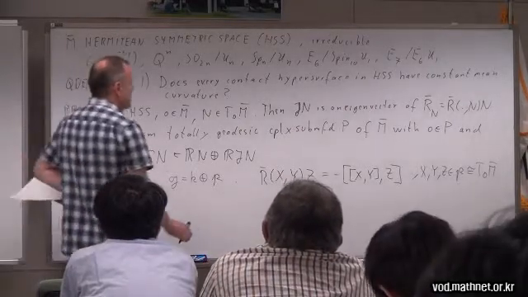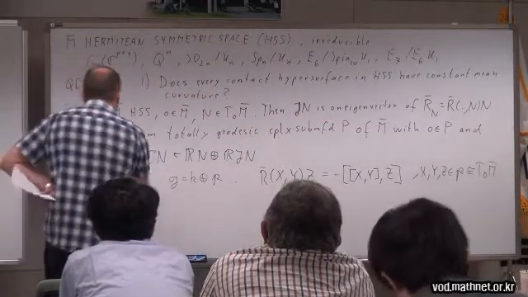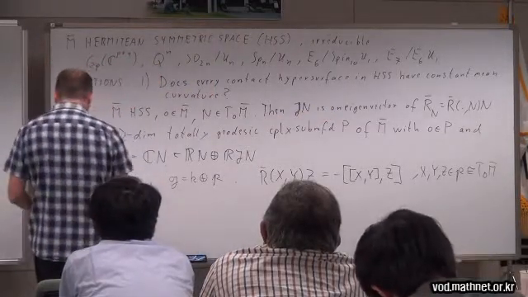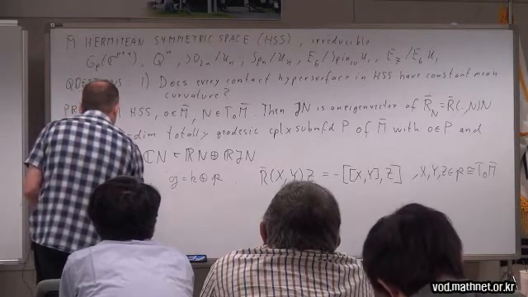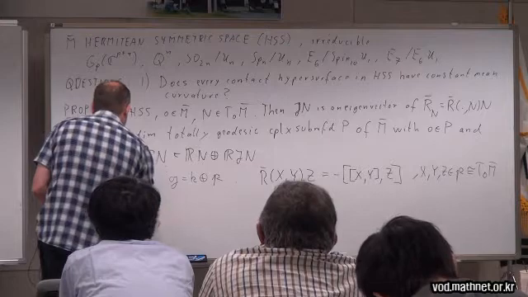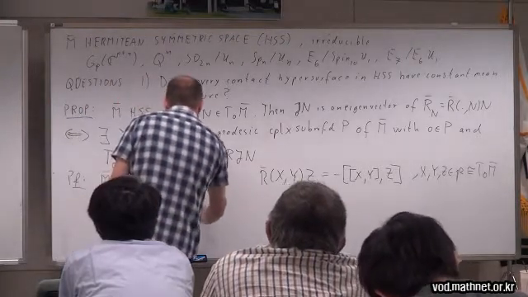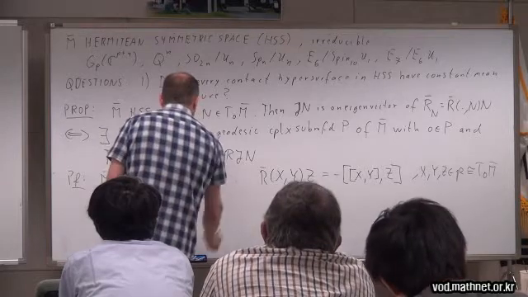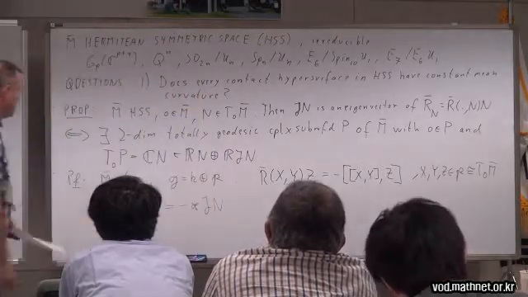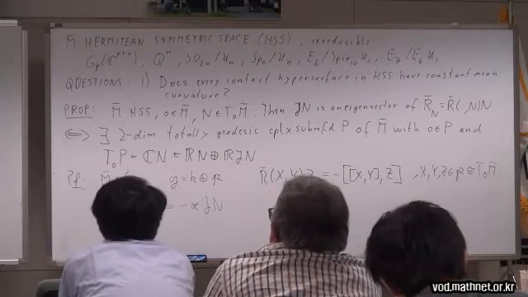So the assumption here that Jn is an eigenvector of R bar n means that if we plug this into this expression, R bar of Jn, n, n is equal to somehow minus kappa Jn, or whatever. So that's the assumption.